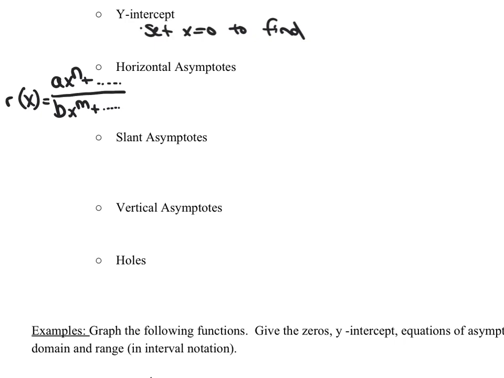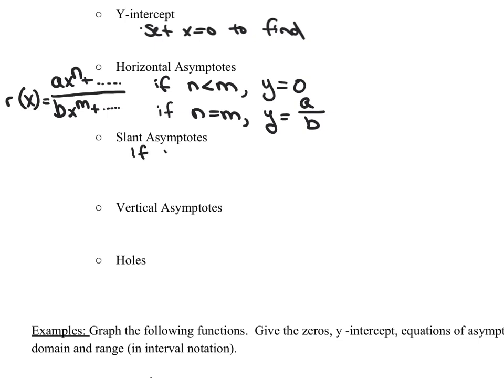What happens with our horizontal and our slant asymptotes is that if n is less than m, so if the higher degree is in the denominator, then your horizontal asymptote is y equals 0. If the degrees are equal, then your horizontal asymptote is the ratio of a over b, the coefficients on the leading terms.